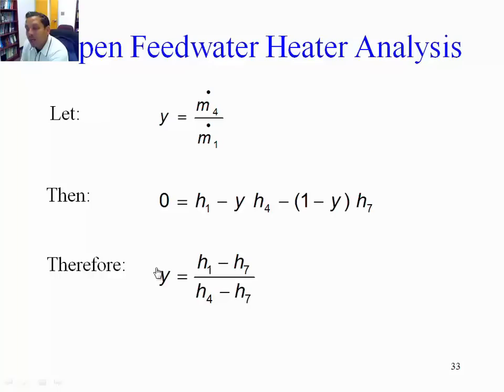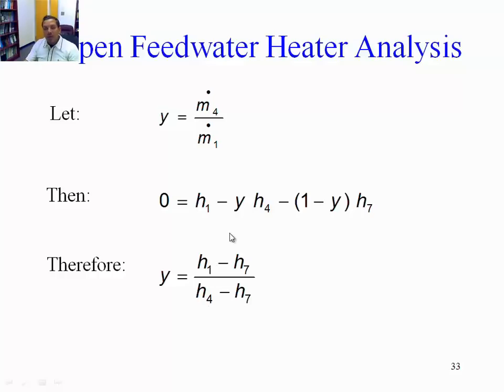So we can calculate that fraction of water taken out of the turbine directly from this equation, as the enthalpy of the water at the inlet of the pump minus the enthalpy of the water at the outlet of the open feed water heater, divided by the enthalpy of the water at the extract of the turbine minus the enthalpy of the water at the exit of the feed water heater. H1 minus H7 divided by H4 minus H7.